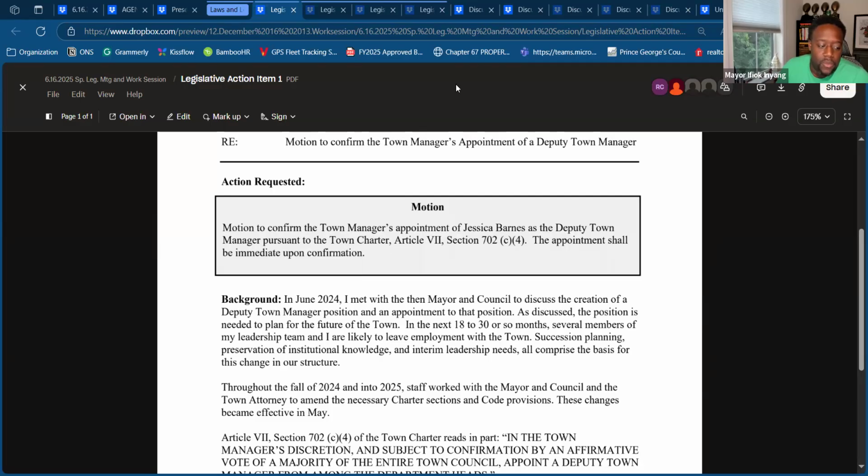We talked about the rewrite of the charter and the importance of this role, this position. We discussed it at length, and the fact that the council needs to come in and do an affirmative vote speaks to the importance of this role. I think it's an honor for us to vote in an inaugural member of this, and Director Barnes has demonstrated a level of understanding and embodiment of what local government is.